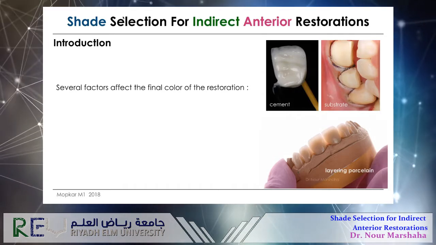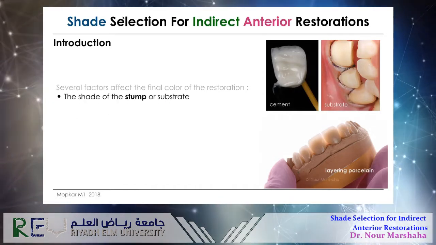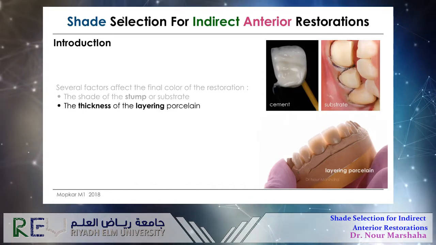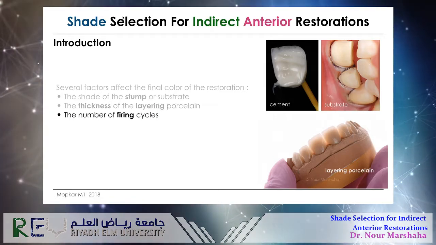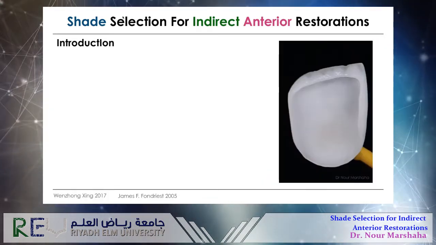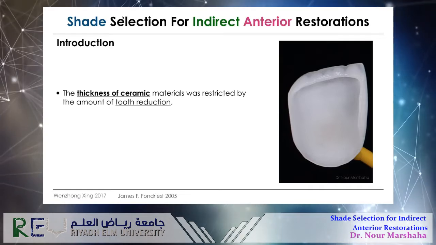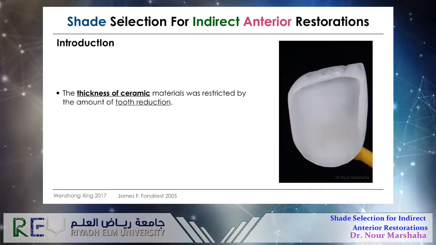Several factors affect the final color of the restoration, like the shade of the stump or substrate, the thickness of the layering porcelain, the number of firing cycles, and luting cement. Now we're going to learn more about the thickness of ceramic materials.